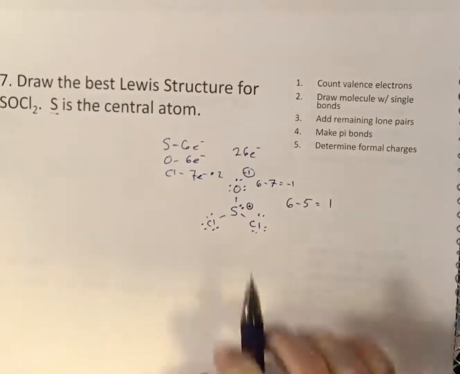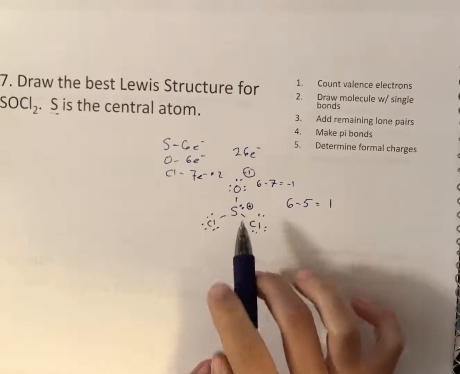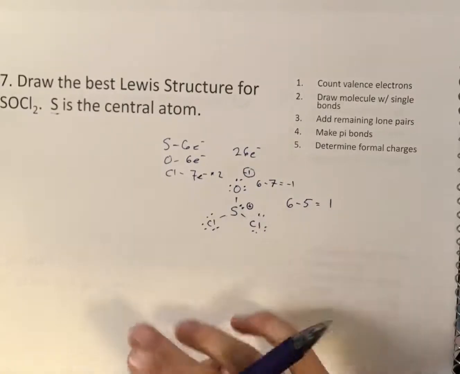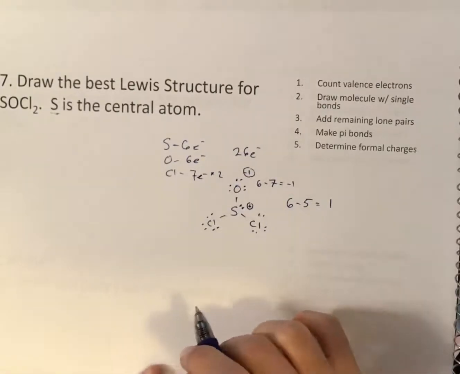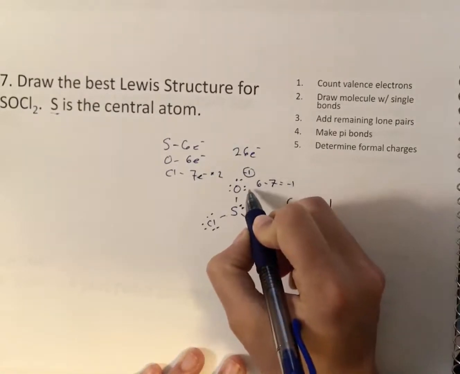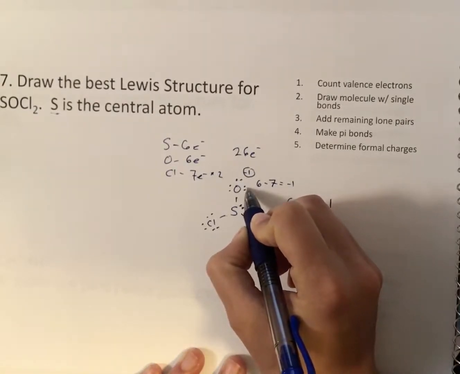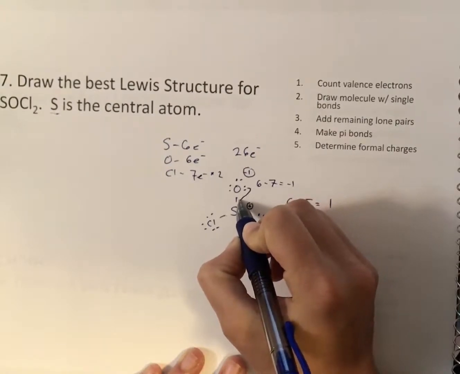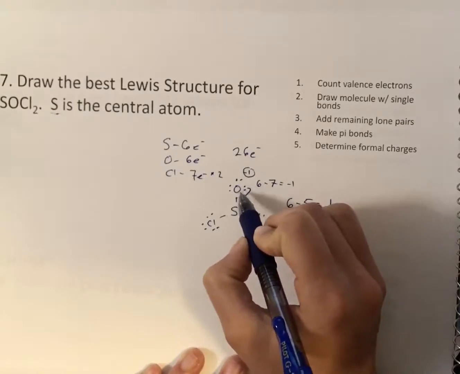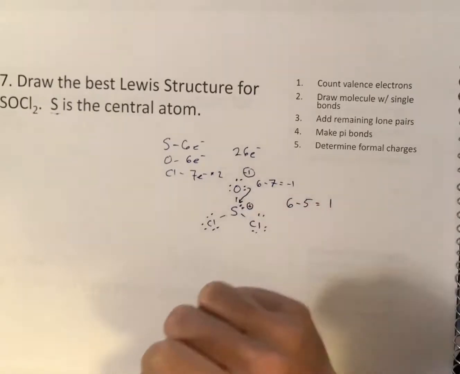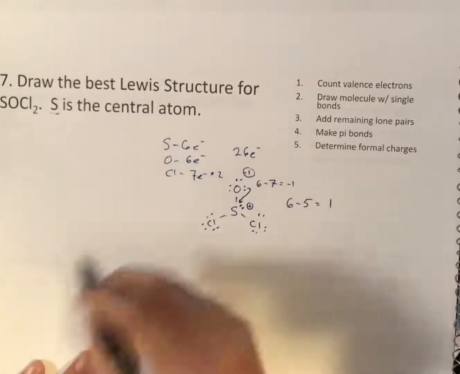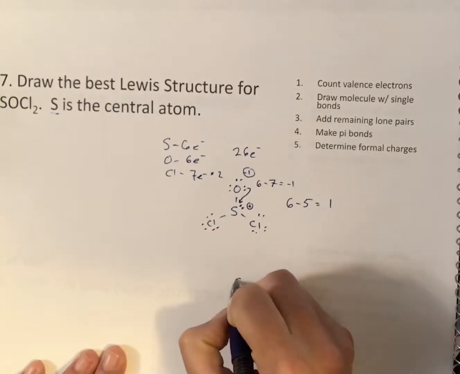If there's some way that we can move the electrons around so that these would be a little happier, that's better for us, because we want to get rid of formal charges to have the best possible structure. So what we would do is make this oxygen form a double bond, because like I said before, oxygen really likes to have 2 bonds. It's pretty stable that way. So we'll just draw it down here.